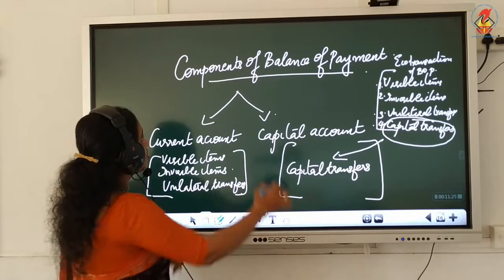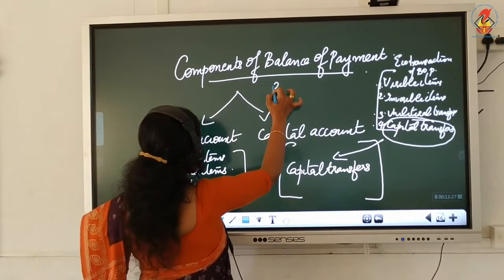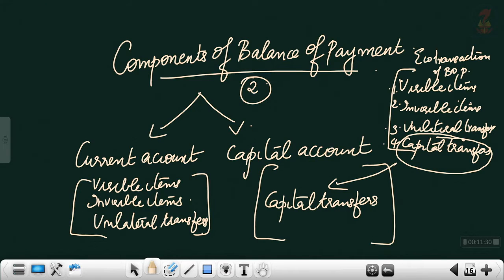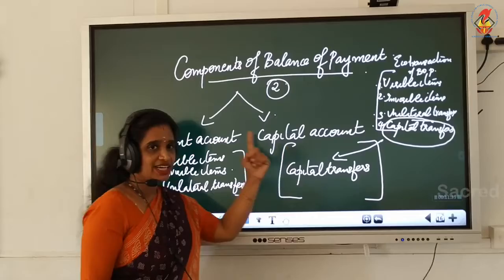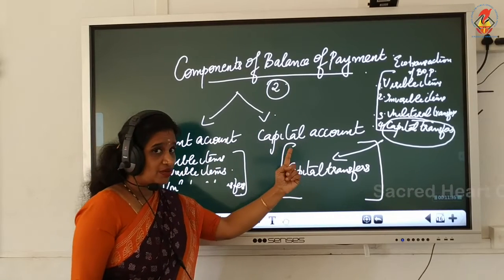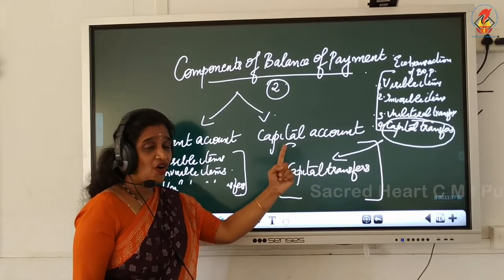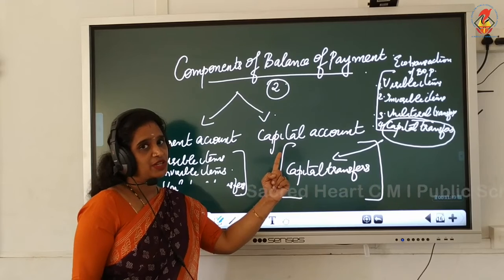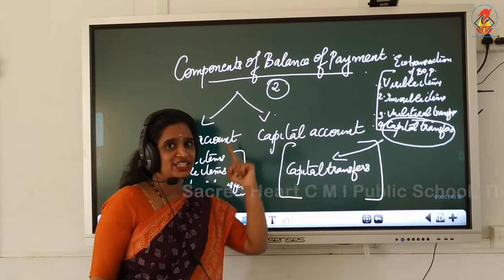So there are two components of balance of payment: current account and capital account. Capital account consists of all the capital receipts and payments which are related to economic transactions of BOP.